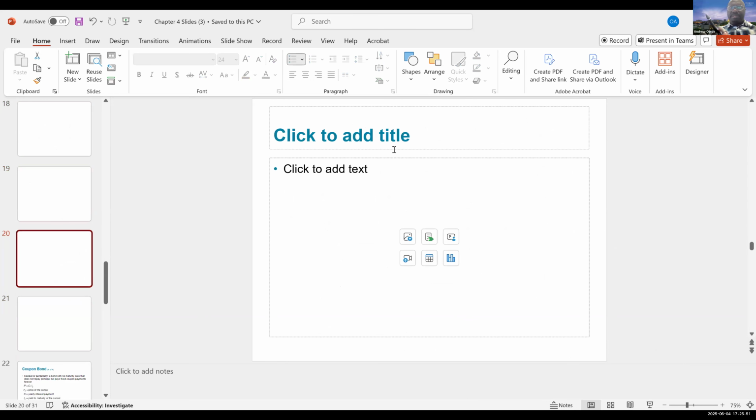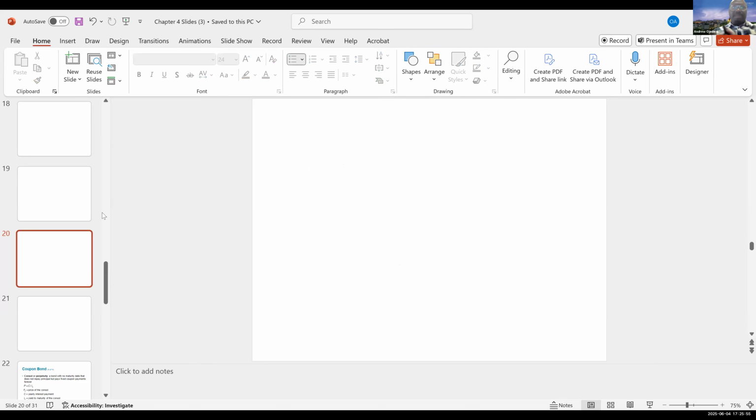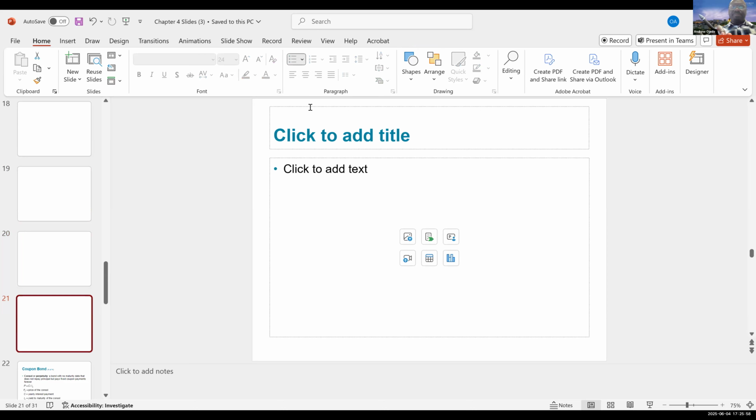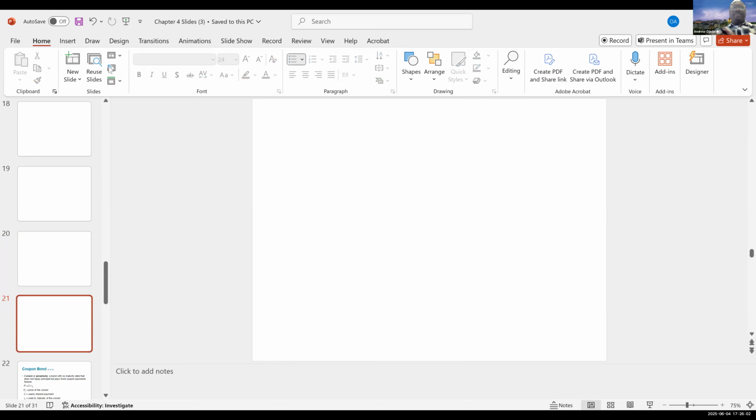Okay, so let me create a space here, and then we can talk about how we derive that formula. The formula for the coupon bond is the present value. Let me maximize my screen here.